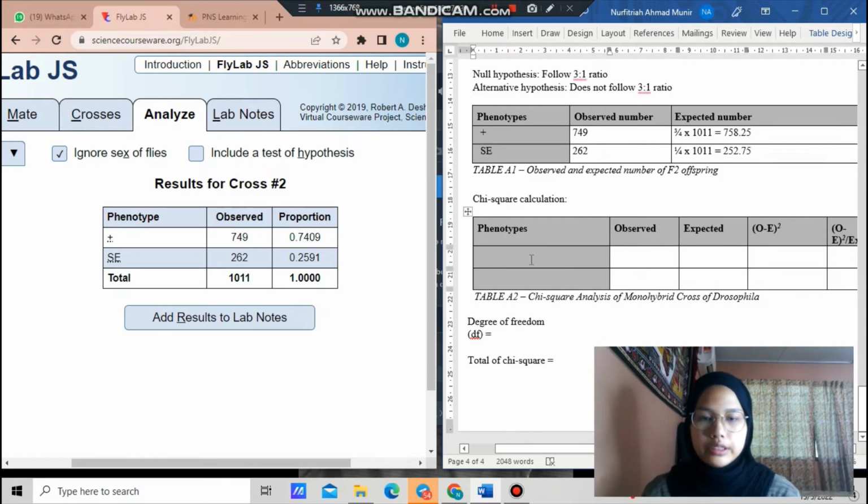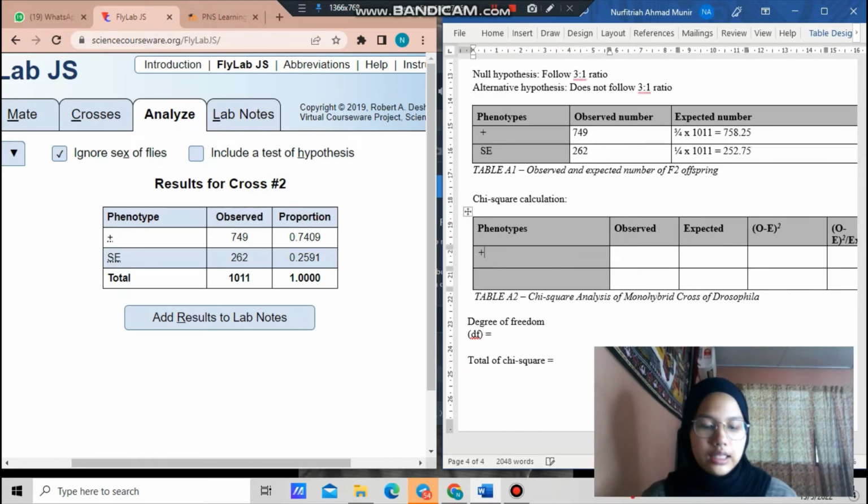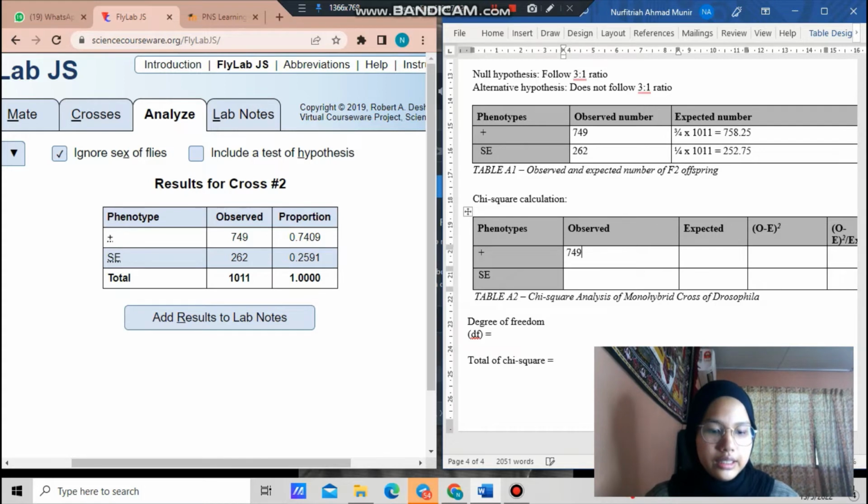So the phenotype is the same, which is plus is dominant and SE is recessive. So this observed number is 749, and for SE the observed number is 262. Then the expected number is 758.25.